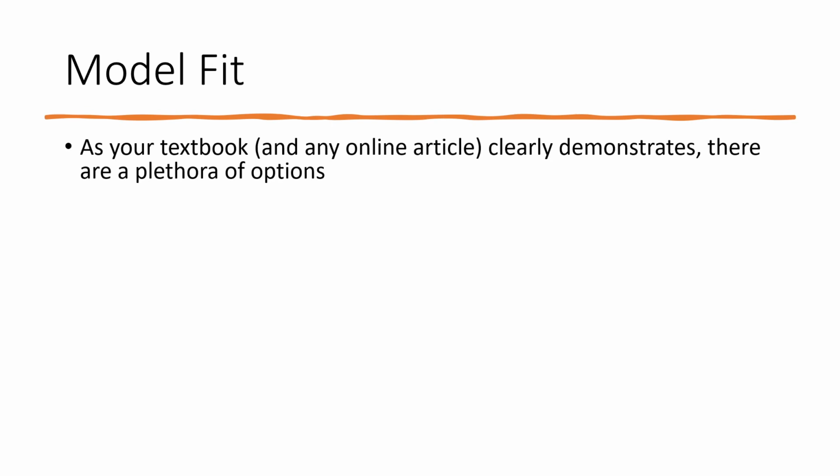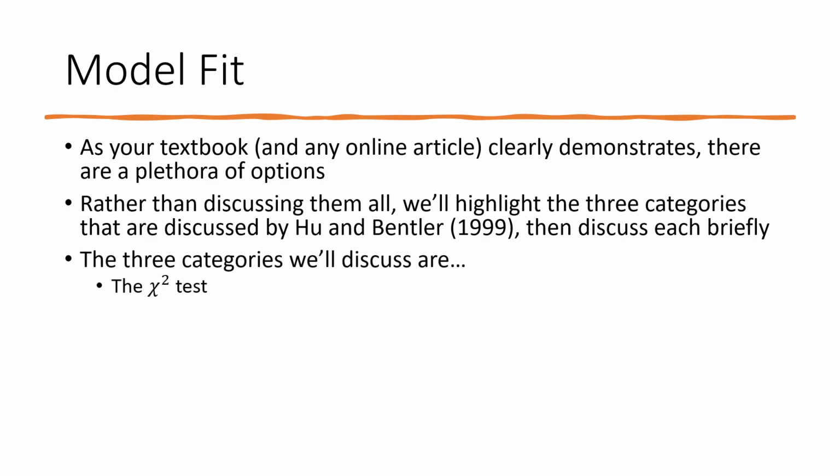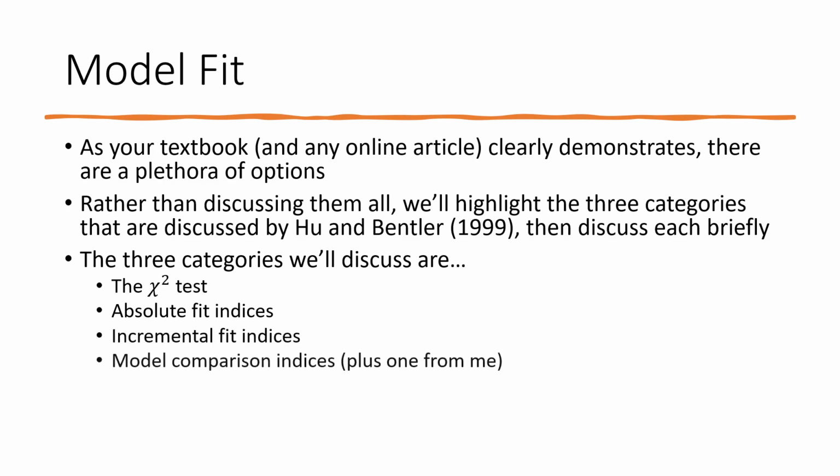Your textbook and any article that you'll read online on this topic will show you a bunch of different options. Rather than discussing them all, I'm going to look at three categories that are presented in the classic Hu and Bentler paper and discuss some options within each relatively briefly. I'll talk about the overall model chi-squared test, some different absolute fit indices, and some different incremental fit indices.